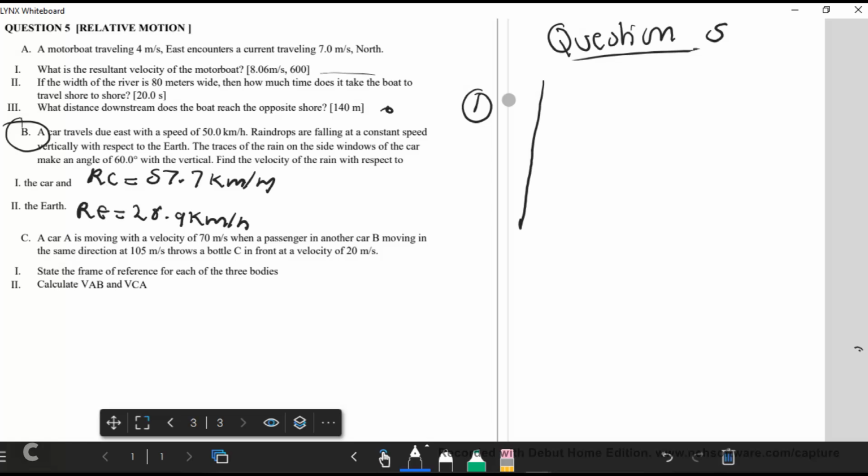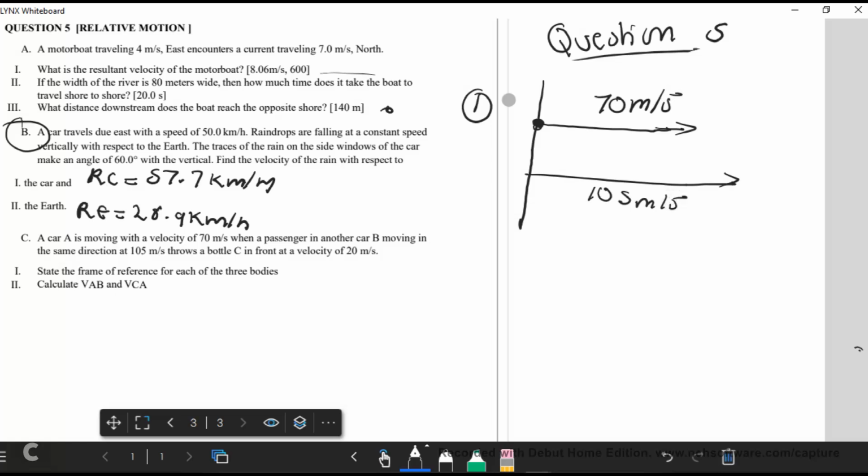If you want, you can just do it in coordinate form. This is the car, car A, going this side with what velocity? 70 meters per second. Then it was going in the same direction. Then car B, which was moving at 105 meters per second.